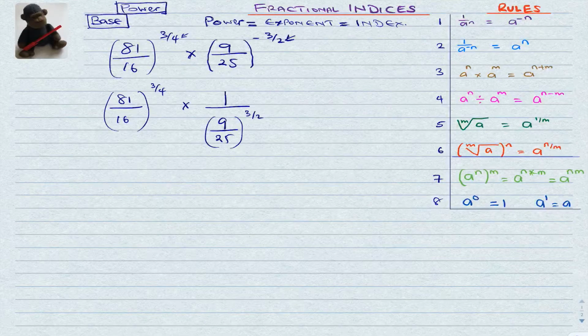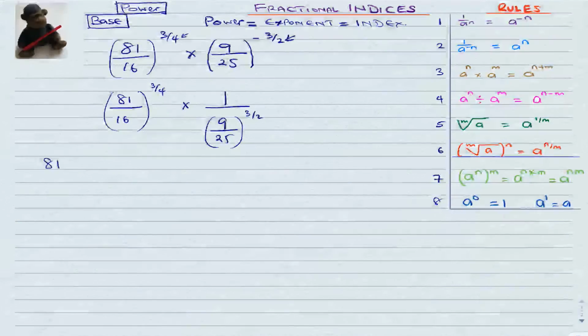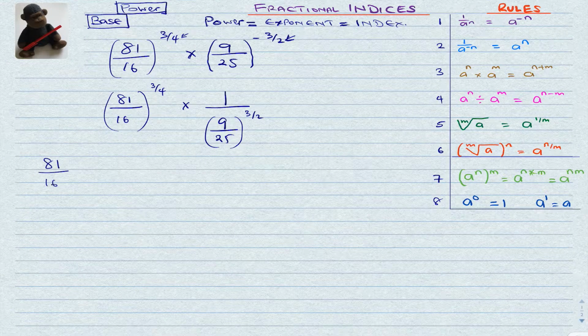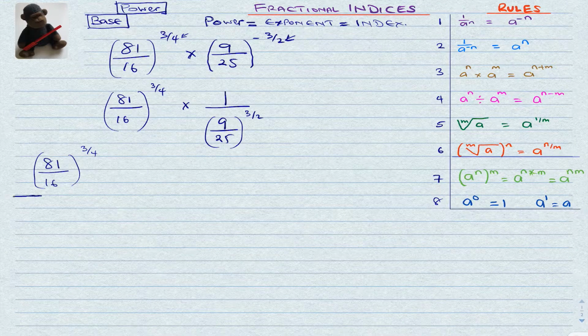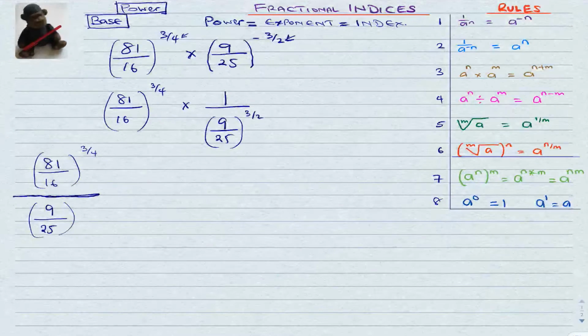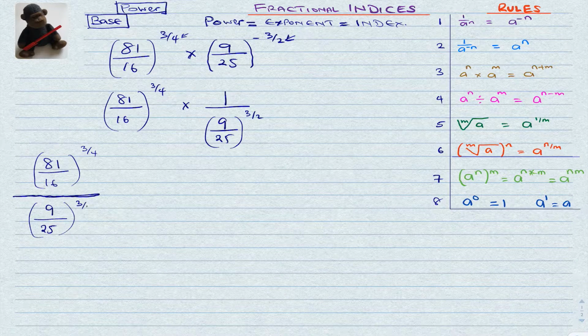So that will become 81 over 16 to power 3/4 divided by, so that's what that meant now. So we're dividing it by 9 over 25 to power 3/2.